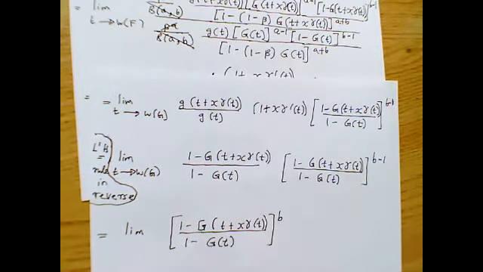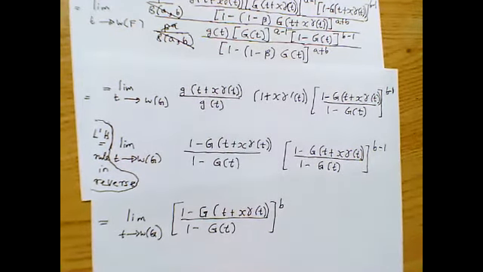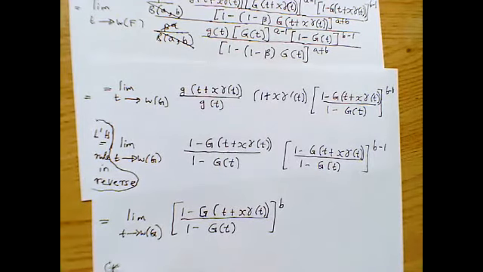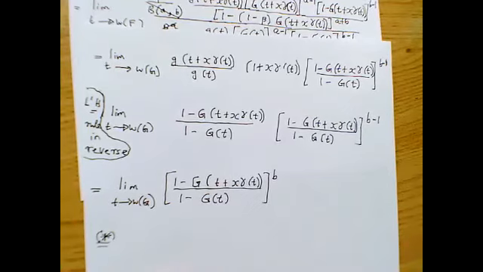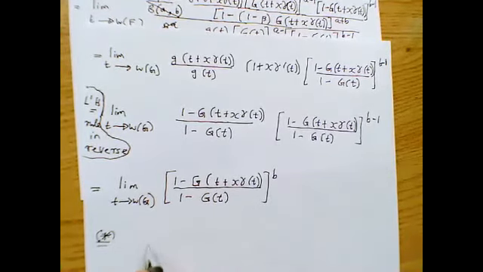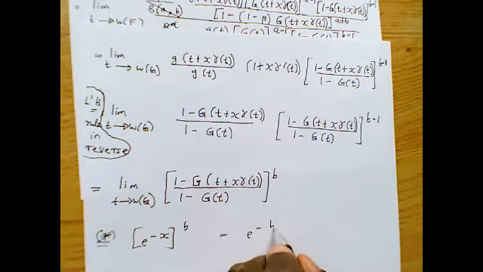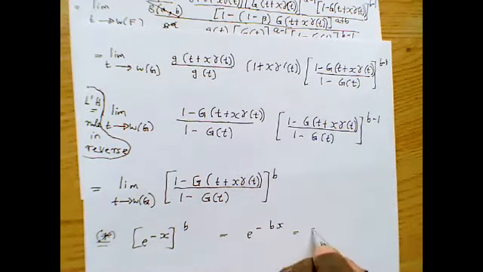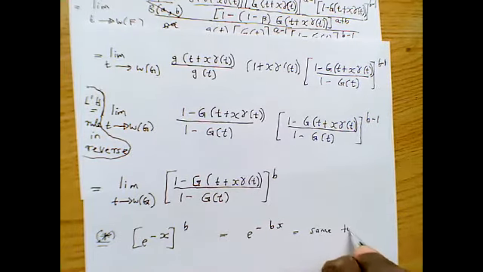Okay, this is to the power b, right? As t approaches w of g. And now we know from star, remember star is the one that I started off with, that the limit of this is e to the f minus x to the power b, which is e to the f minus bx, which is of the same type as e to the minus x, right?